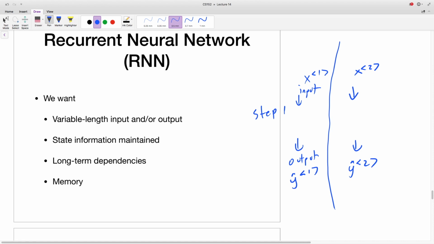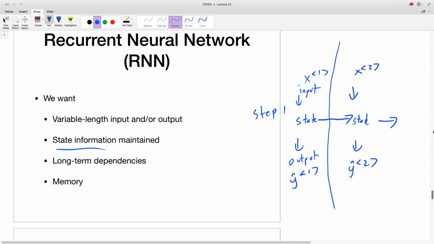Context. We've forgotten everything. We're only looking at the single word. There's no other state. So all we can do is look at the particular input we have and figure out what output we want, and we have no context, no state information. So we want state information. What we want is to actually have some state information that gets propagated along here to some new state information, and then that's going to get propagated, and so on.